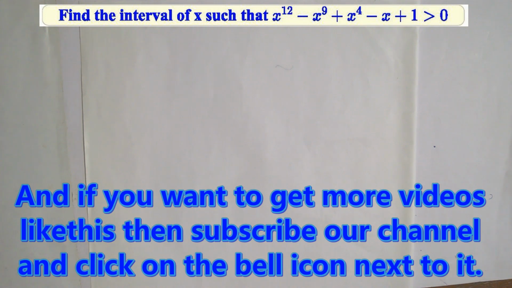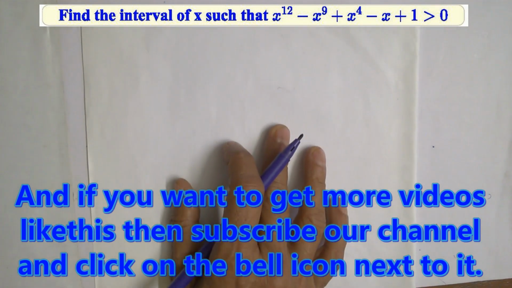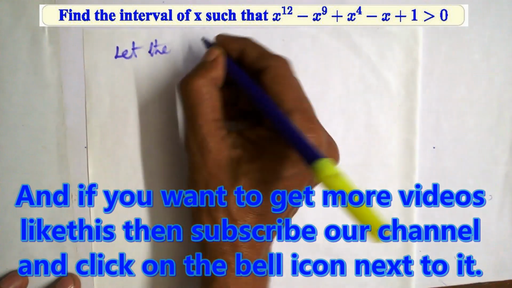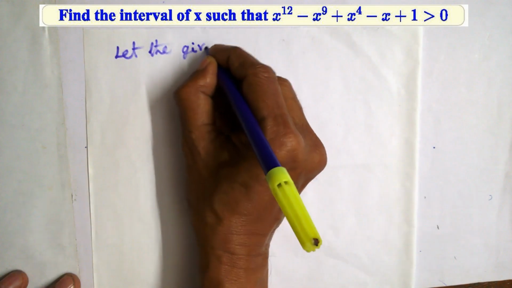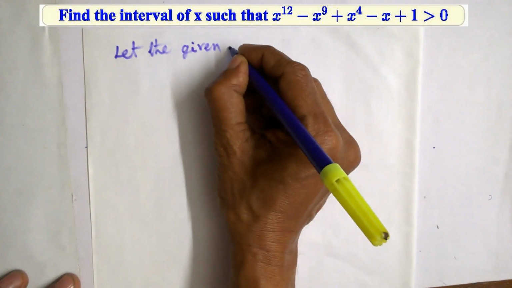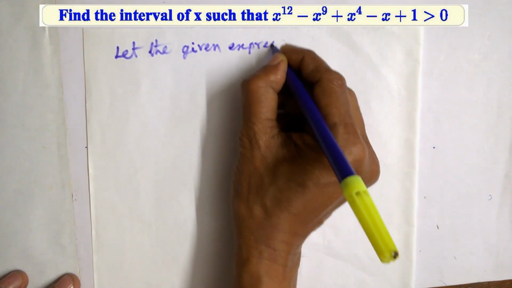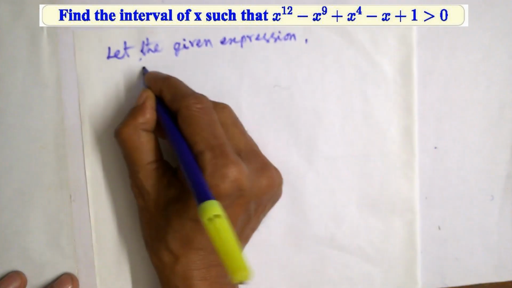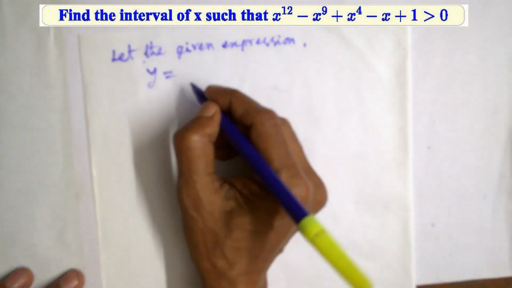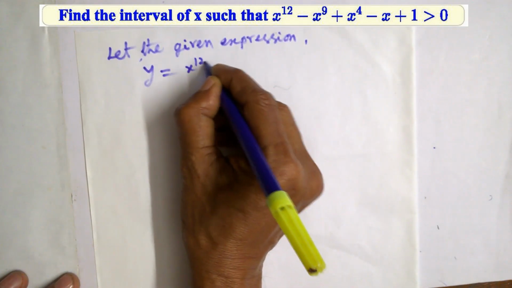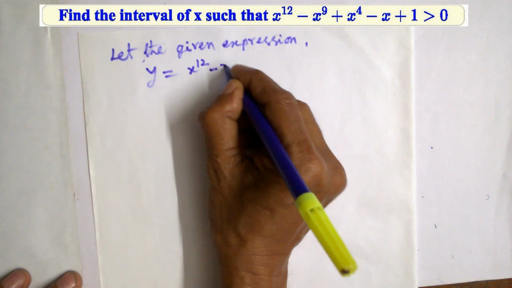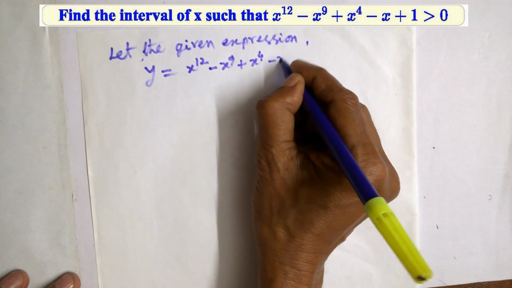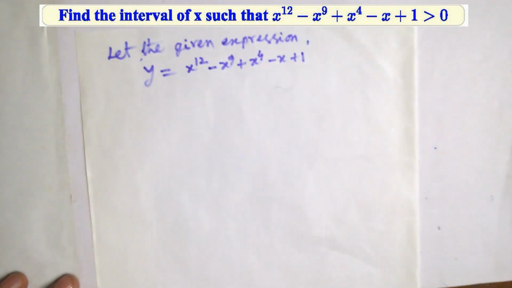Now solving the question. Let the given expression y be equal to x to the power 12 minus x to the power 9 plus x to the power 4 minus x plus 1.